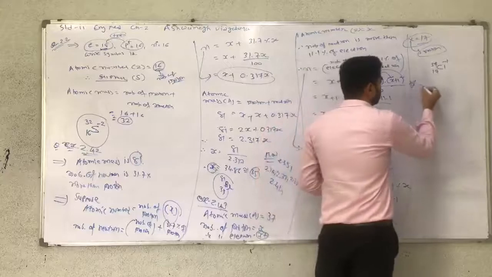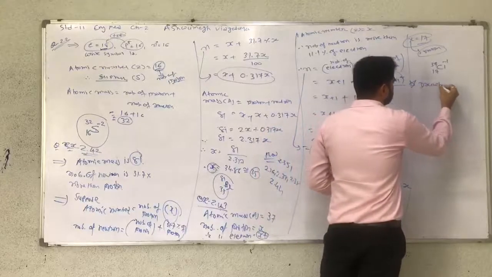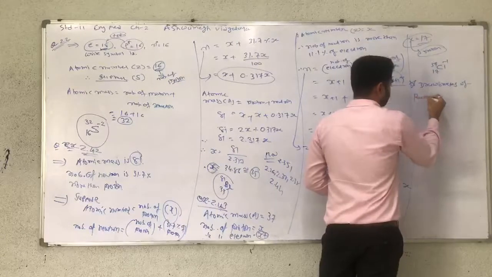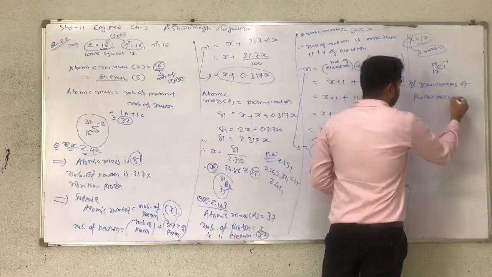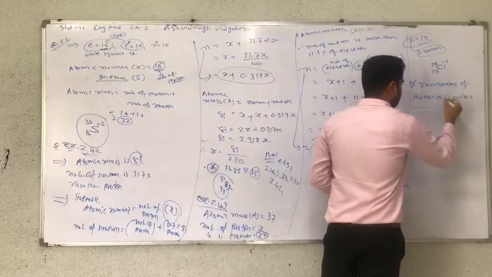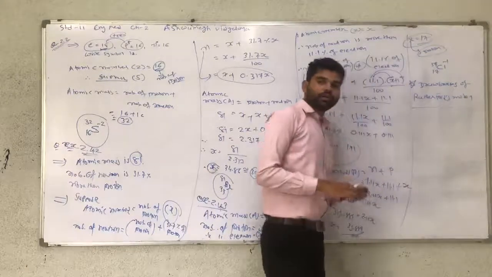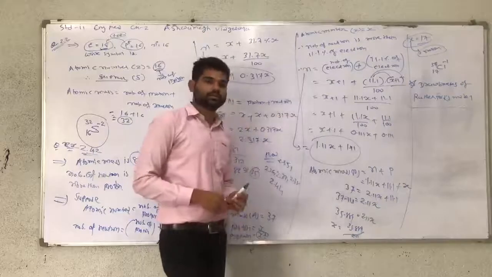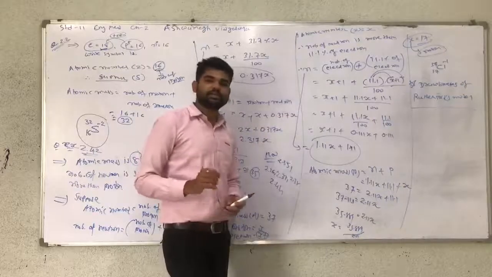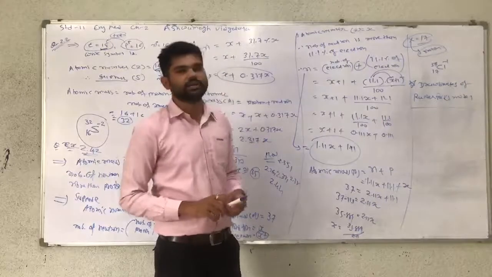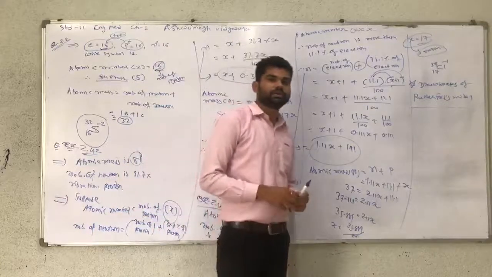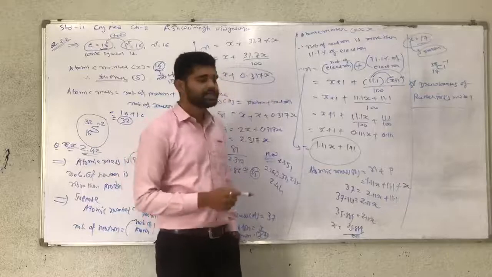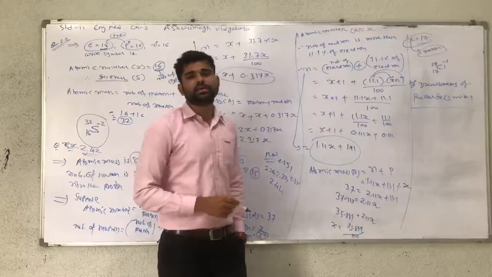Drawbacks of the Rutherford model. Rutherford said that the arrangement of the nucleus and electrons around the nucleus is similar to the solar system.